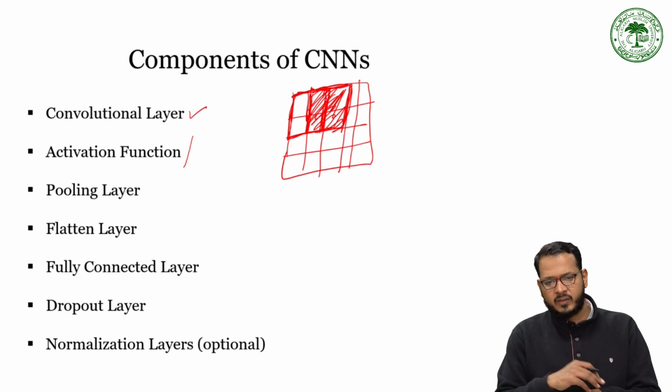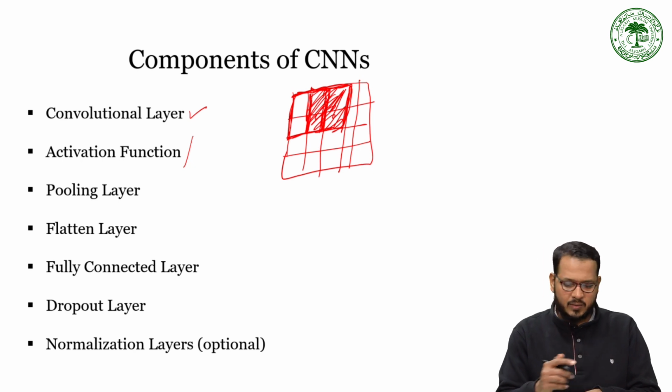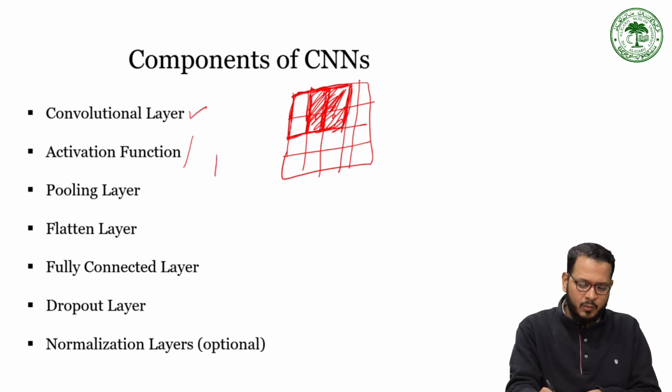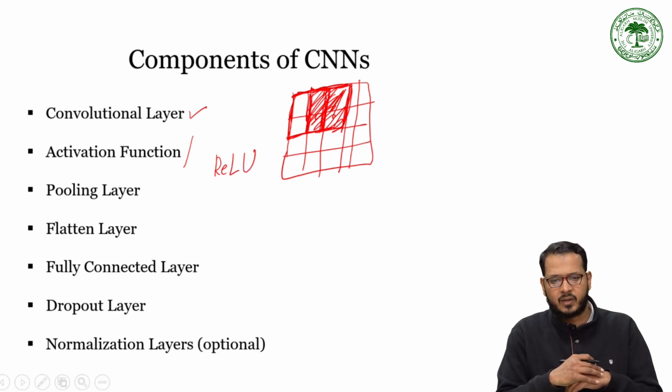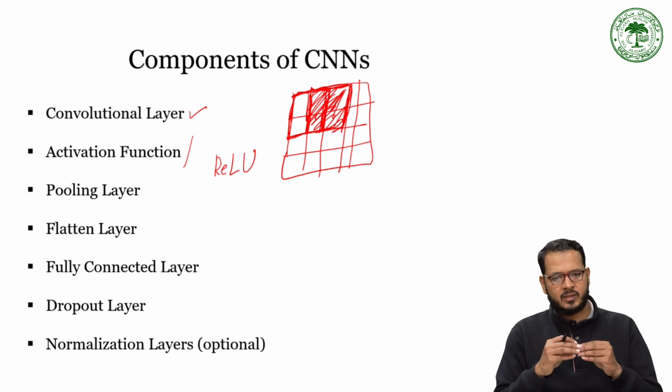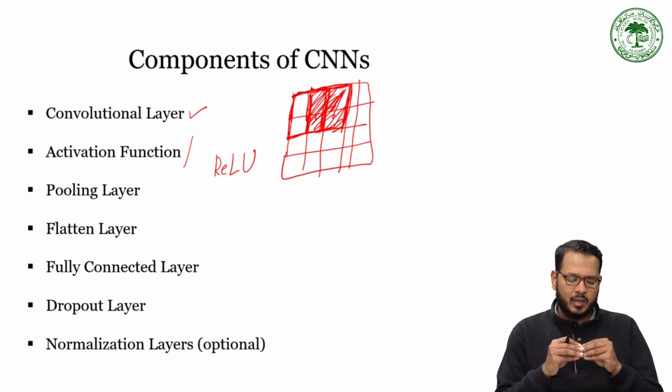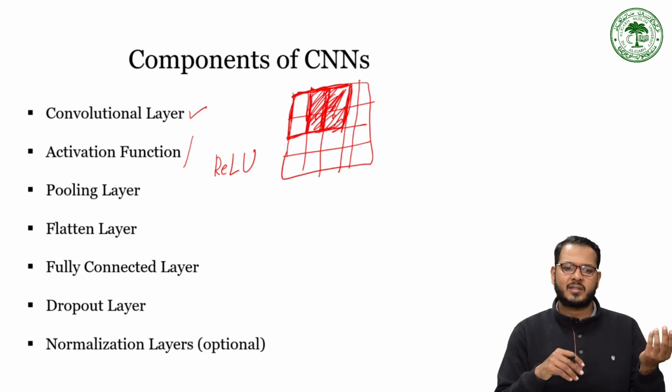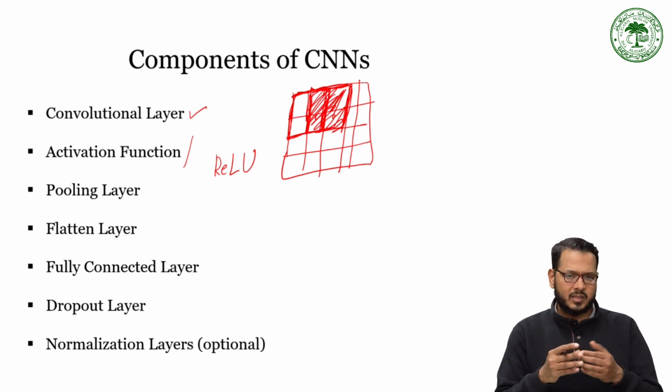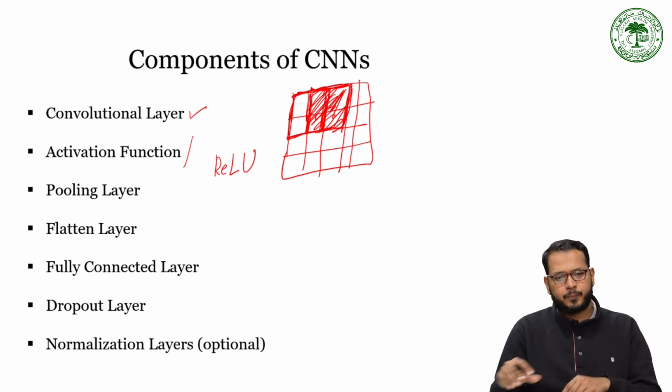The most common activation function in this regard is the ReLU activation function. ReLU stands for rectified linear unit. The benefit of this is it is very computationally easy to apply a ReLU function in comparison to other standard activation functions such as the tanh function.